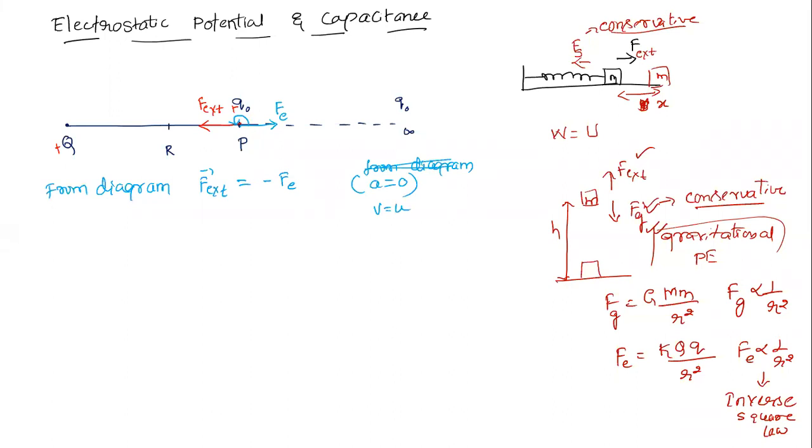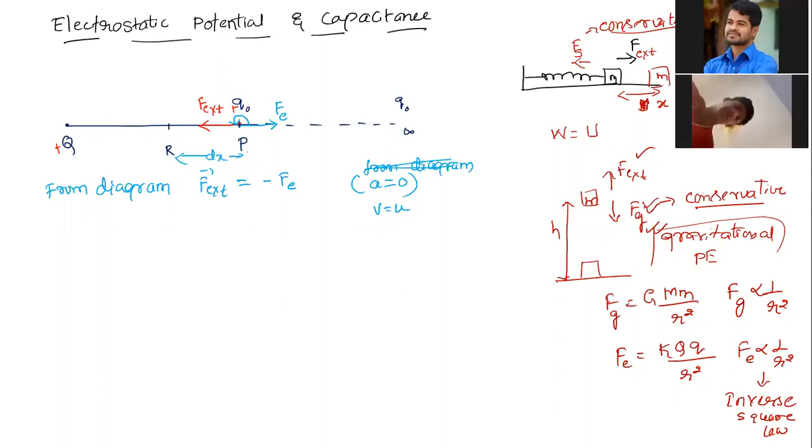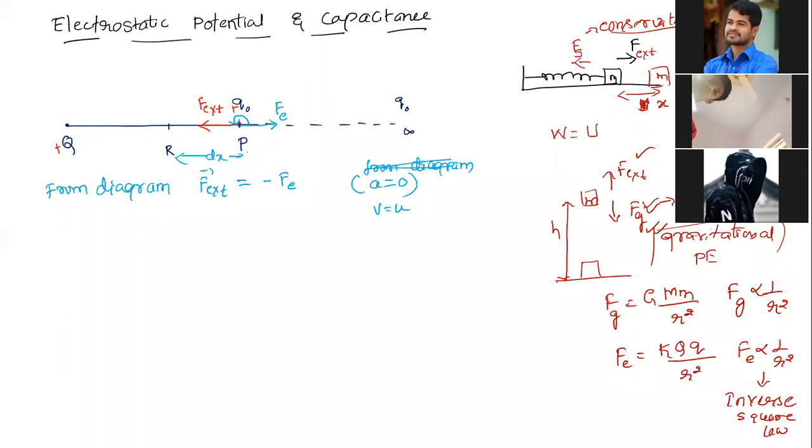So now, let's find the work done. A small amount of work done, moving from P to R, over a distance of, let's say, dx. Now tell me, students, in which case should I do more work: bringing the charge from infinity to P or to R?